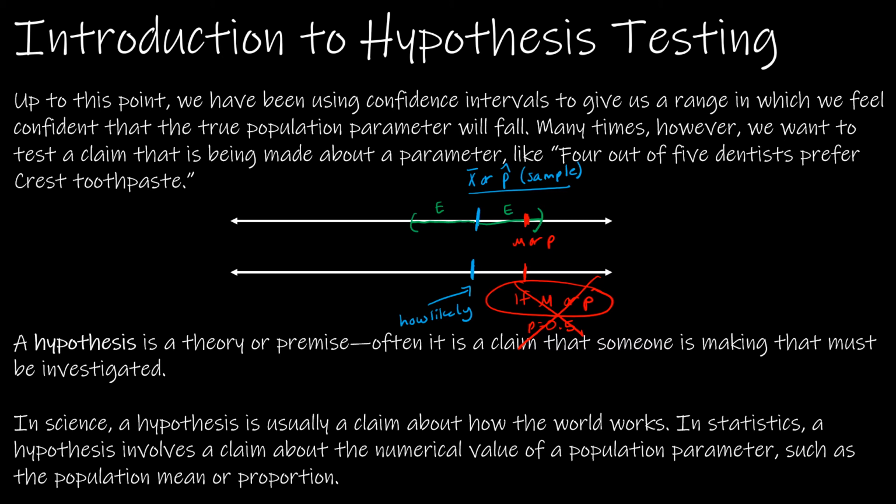It says, if this is our true population mean or proportion, how likely is it that I would find our sample? And if it happens all of the time, if it's very common, then the hypothesis that we started with was probably true. And if it happens very seldom, then the hypothesis that we started with was probably not true.